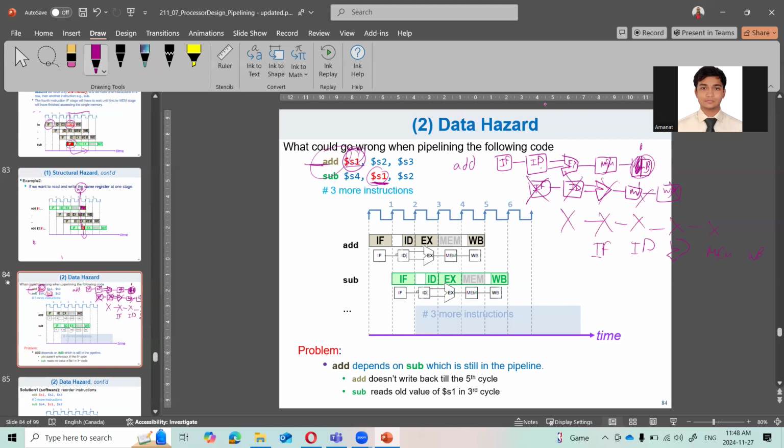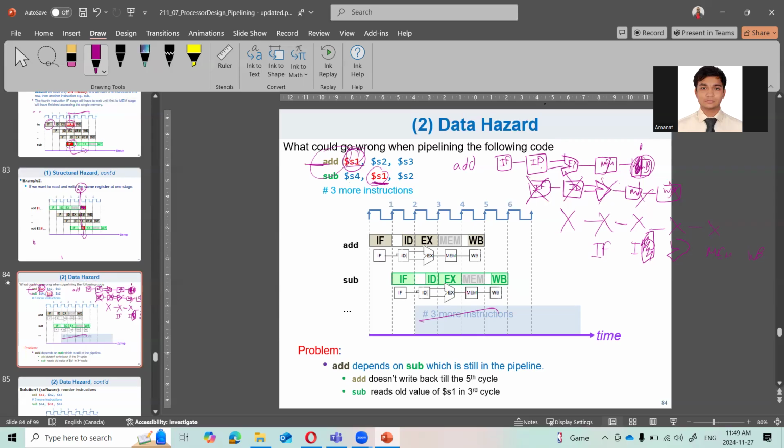Although in the slides you see you have to wait 3 instructions, we know we can wait 2 instructions, because you'll also see in the reference video that it's 2 instructions you have to wait.